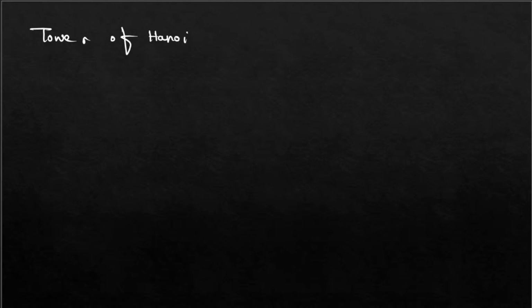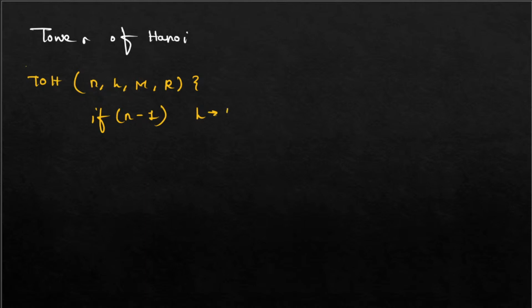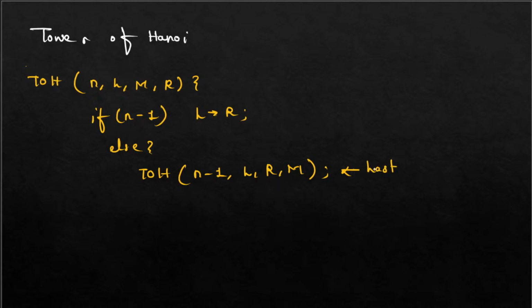It is denoted as T of H. The parameters it takes are N, L, M, R. If N minus 1 is there, left to right happens, else we will call it again, T of H, N minus 1, L, R, M. For the last two, the third and fourth, we have to swap.